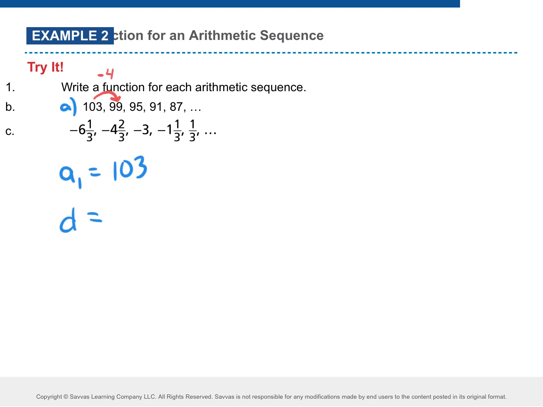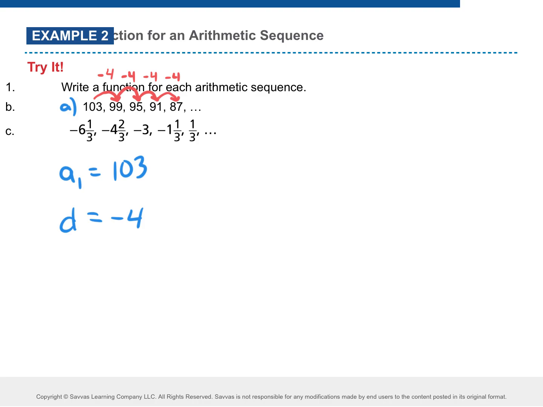Subtract 4. Can I assume all of these are 4? No. 99 to 95? Yep. 95 to 91? 91 to 87? Negative 4. So what is my common difference? Negative 4. Can I put positive 4? No. Gotta have the negative.